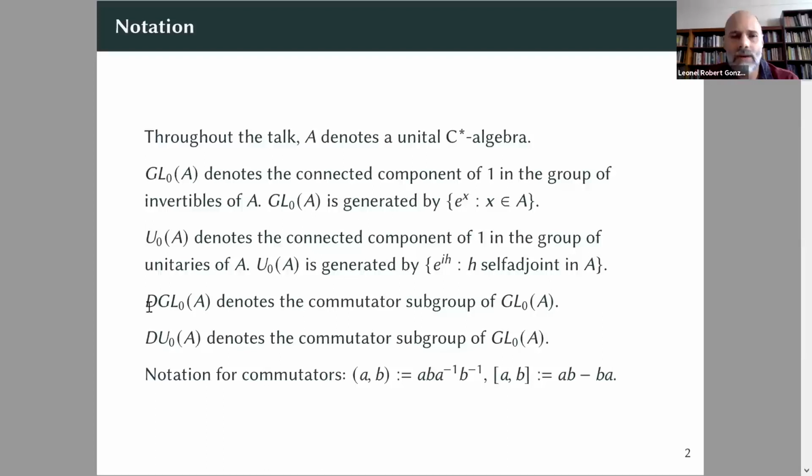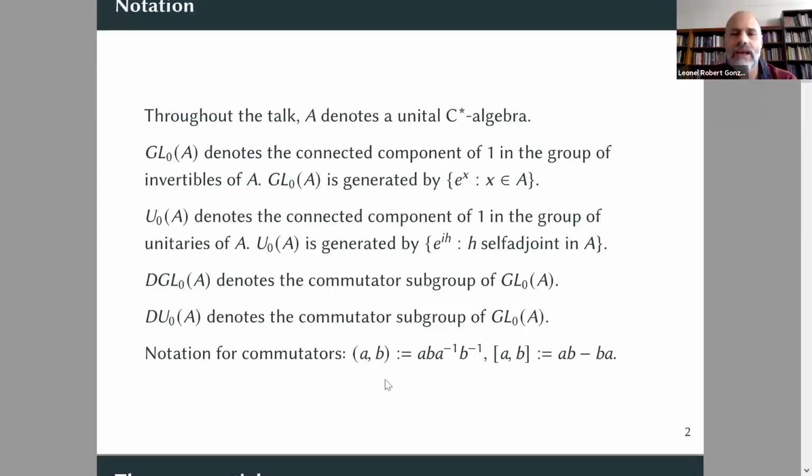So I put a D for derived, the derived group of GL0A. That will be the subgroup generated by the commutators of the invertibles, and for the unitaries, it will be the subgroup generated by commutators of unitaries. So the second line. Okay.